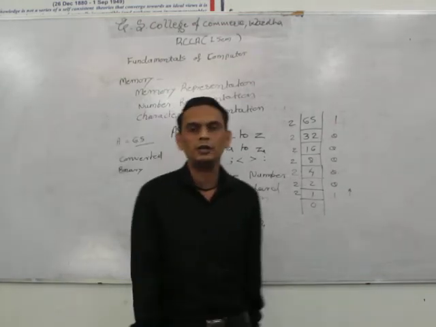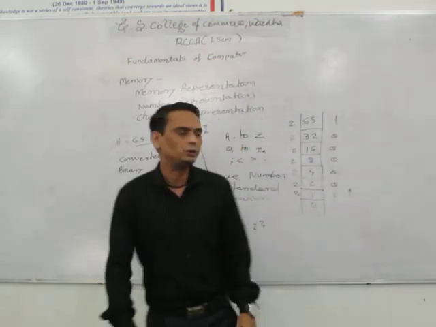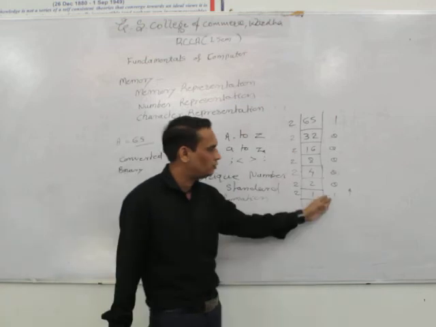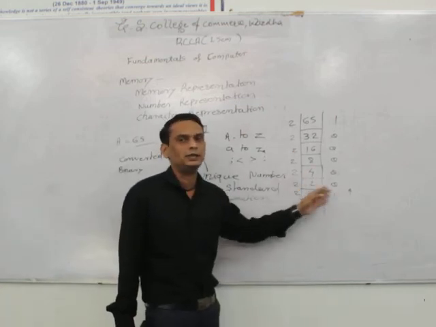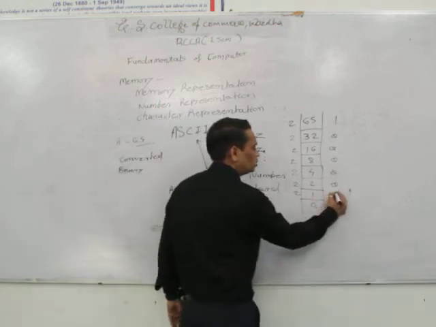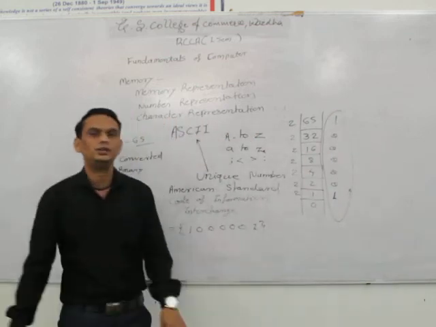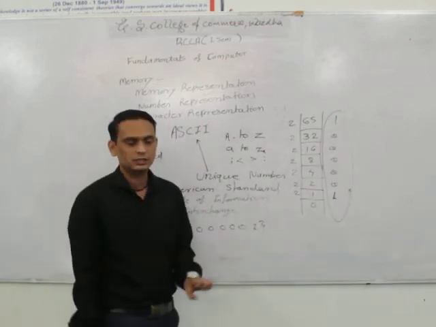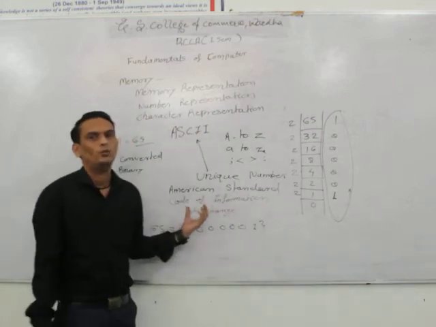That decimal number is called an ASCII number. That ASCII number can be converted into binary, and these binary digits will be represented or stored in our memory according to bits. Everything can be converted into bits. 8 bits equals 1 byte.